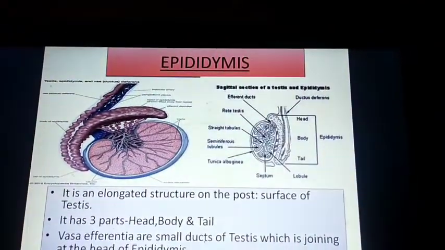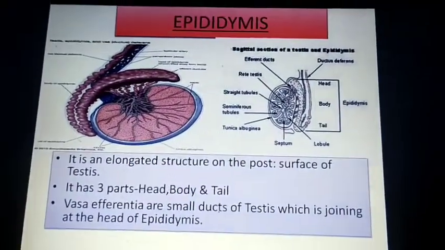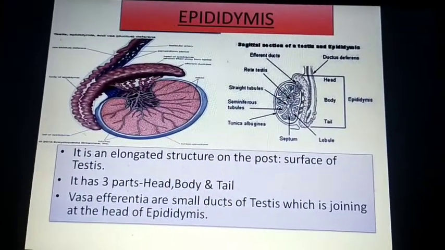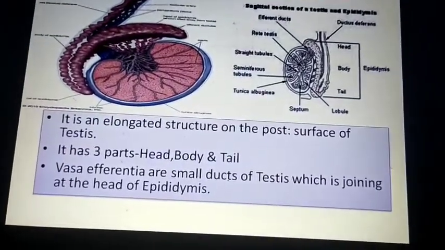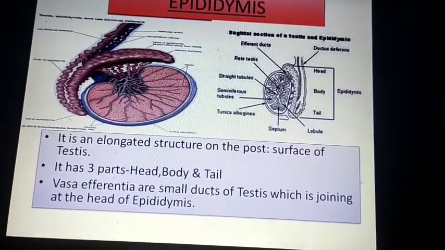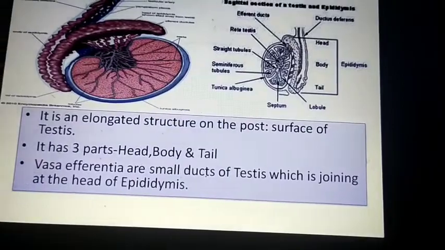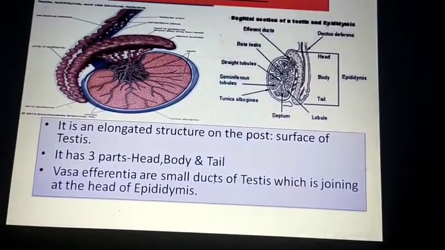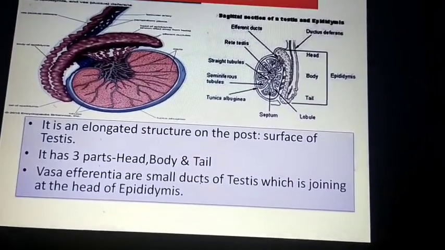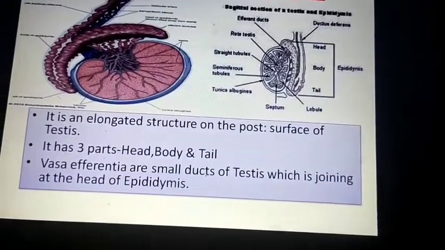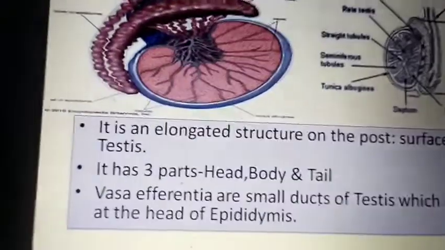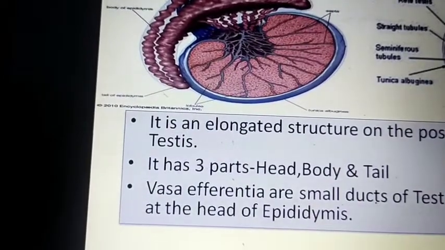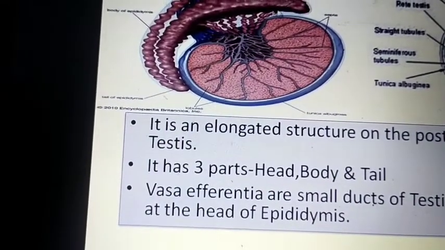Now we can go for the epididymis. This is a very important structure, and it looks like a worm. It is an elongated structure along the posterior border and posterior surface of the testis. You can see this is the anterior border and this is the posterior border or posterior surface.